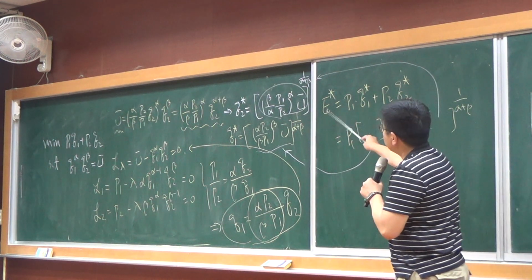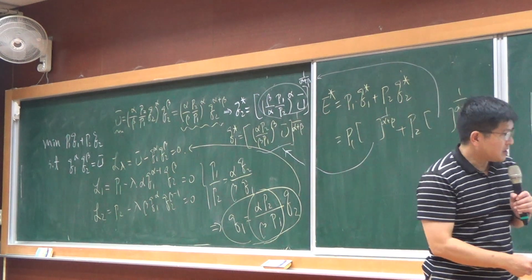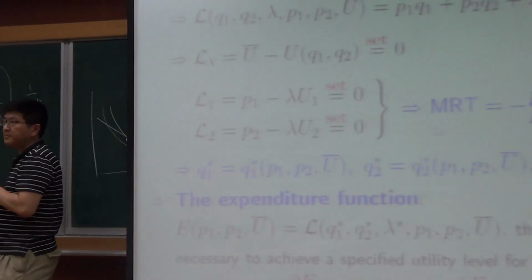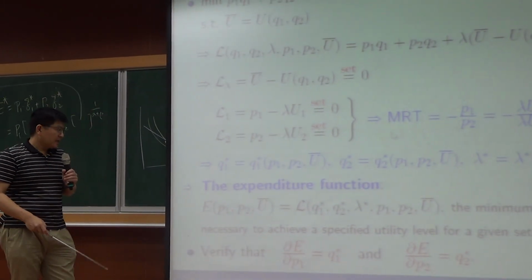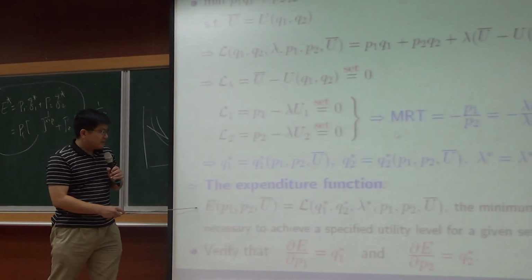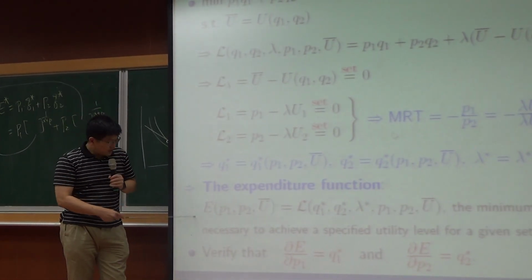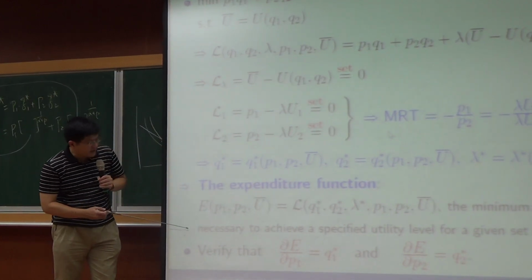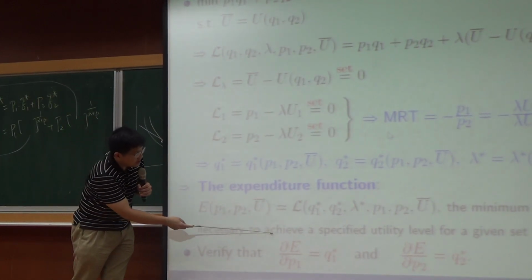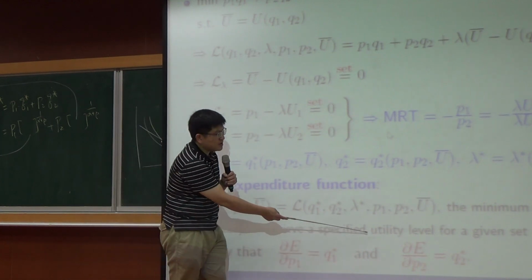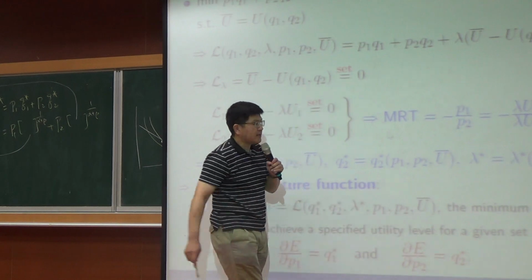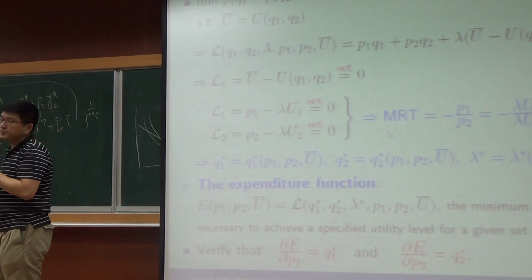So the optimal expenditure would also be a function of P1, P2, and U bar. And this expenditure function is the minimum expenditure necessary to achieve a specified utility level, U bar, for a given set of prices, P1, P2.